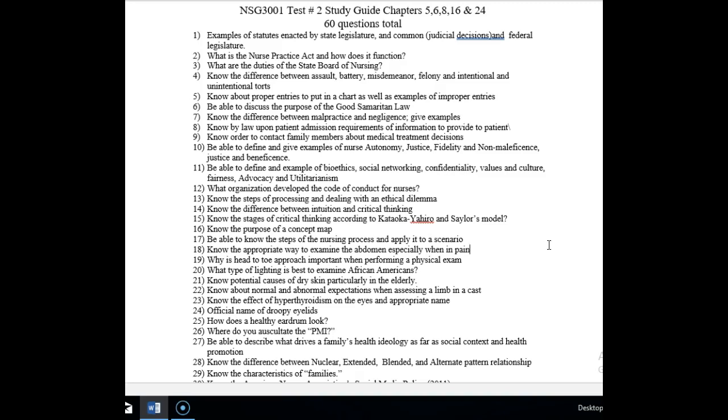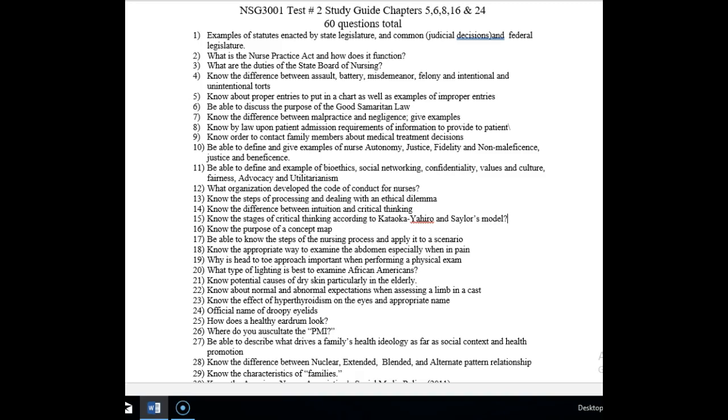You gotta excuse my phone beeping. So I'll try to pronounce it. Kataoka, Yahiro, and Saylor's model.